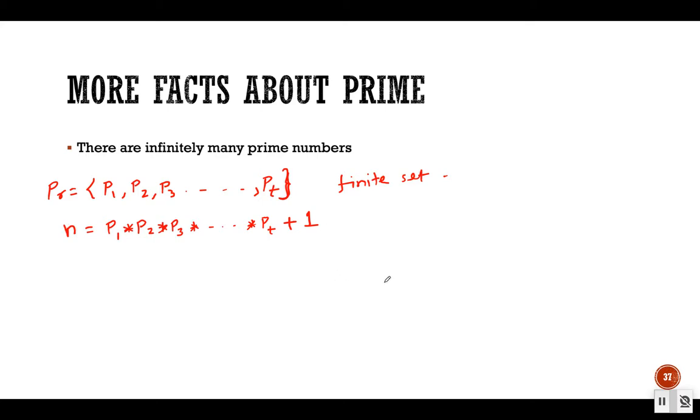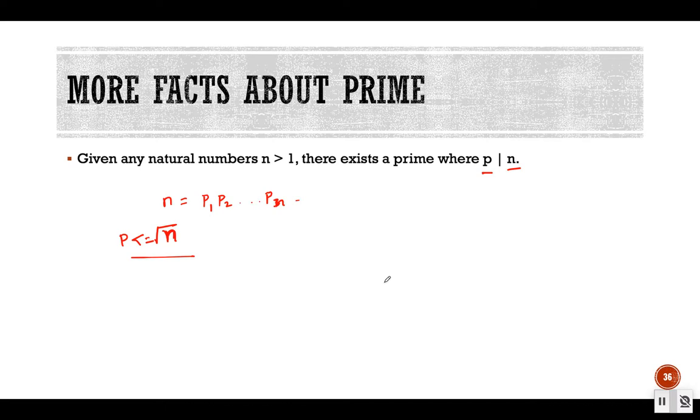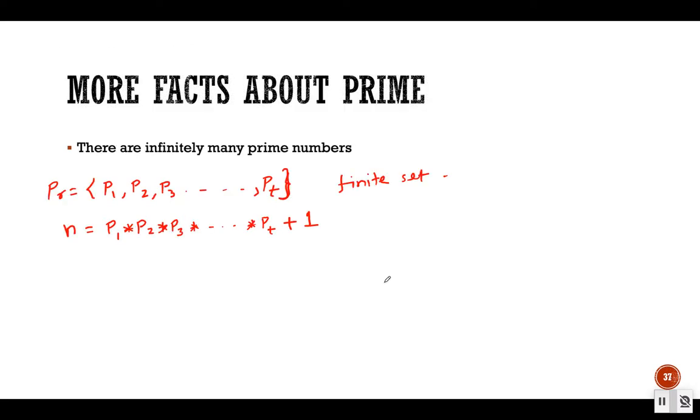Now from the last fact, any natural number n has a prime divisor. This one is obviously a natural number, so it must have a prime divisor. Let's say that the prime divisor is pi. So the prime divisor pi divides n, that means pi divides the whole number p1 p2 p3 up to pt plus 1.